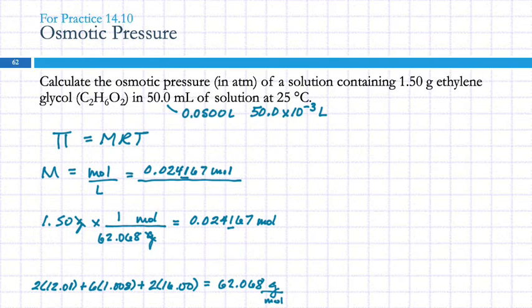So that's probably a safer way to do it. Even when people are moving the decimal point in the correct direction, sometimes you accidentally move it too far or not quite far enough, and you end up with 0.5, which would be 500 milliliters. Okay, so we're going to divide this by 50.0 times 10 to the minus 3 liters to calculate our molarity.